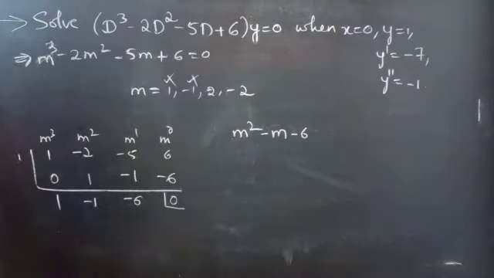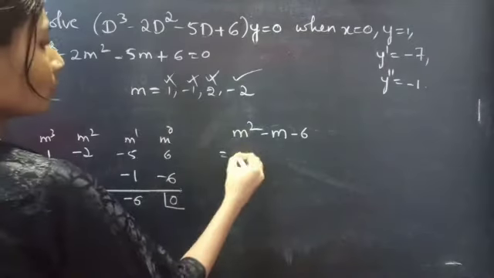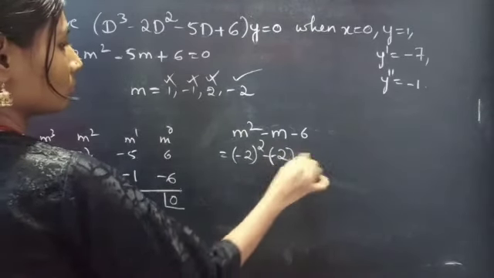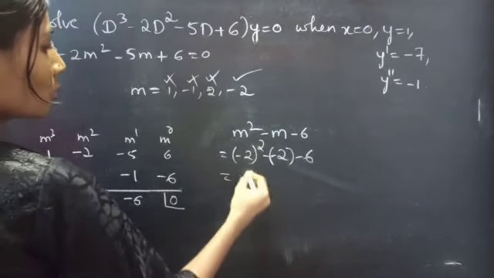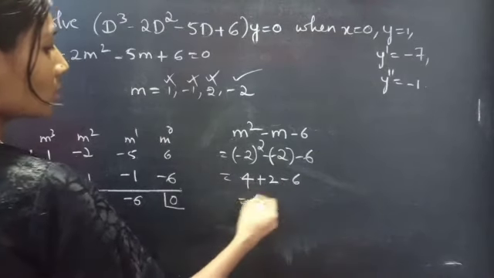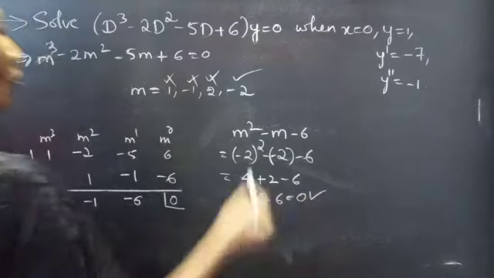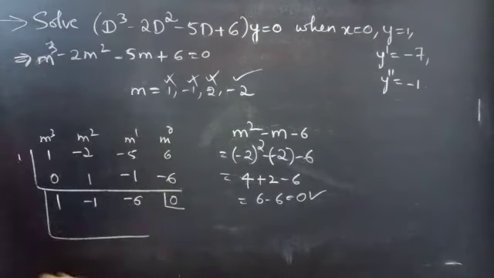Now we'll try for m equals minus 2. Minus 2 whole square is 4. Minus into minus plus 2, minus 6. 4 plus 2 is 6. 6 minus 6 equals 0. So m equals minus 2 satisfies the polynomial.